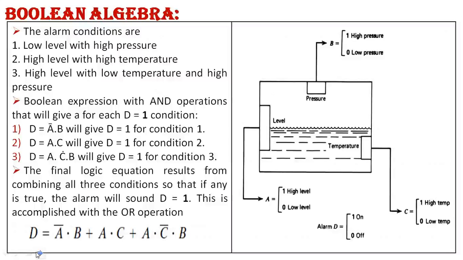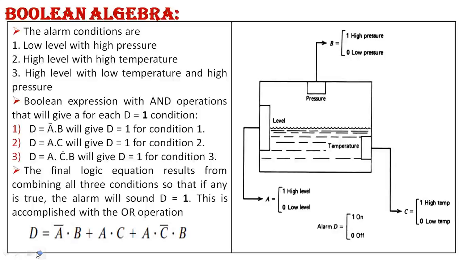Now see how in this tank we have to control the water level, temperature and pressure. So B is the pressure, C is the temperature, A is the level, and D is denoted by the alarm.